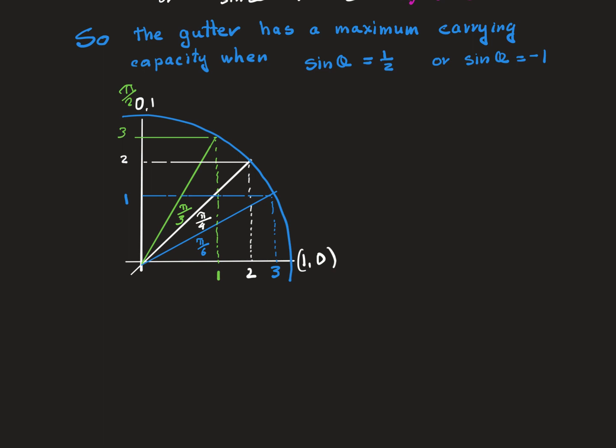Because all you need to do is to put a root and divided by 2, a root and divided by 2, a root and divided by 2. Do the same thing on this side. And these are the cos values, and these are the sine values.